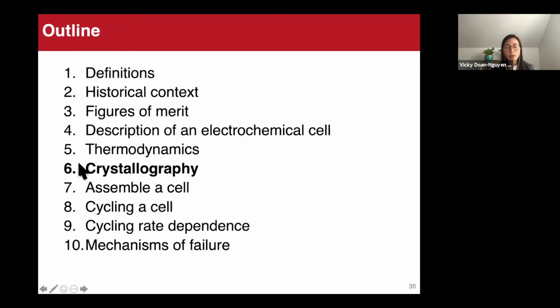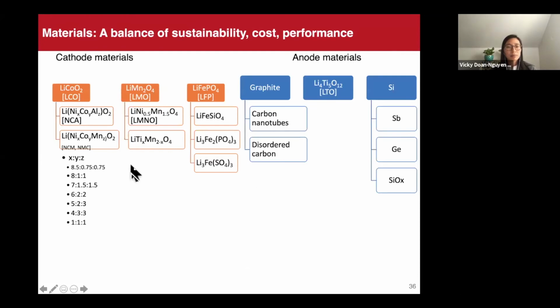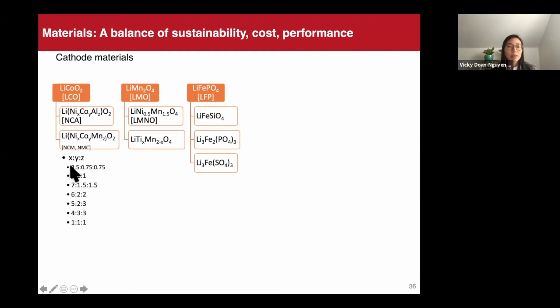And the ratios of X to Y to Z, you could see here that there's been quite a bit of development to increase the amount of nickel and decrease the amount of cobalt to not only decrease cost, but also increase voltage.